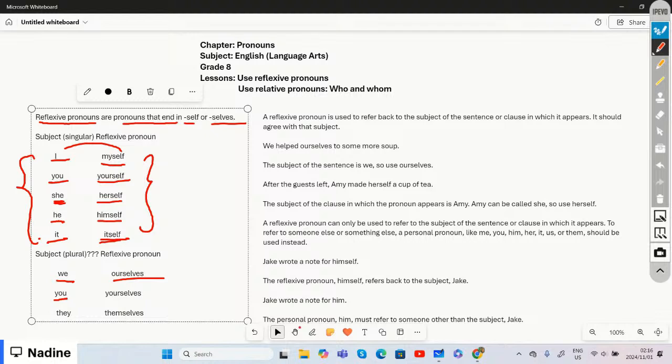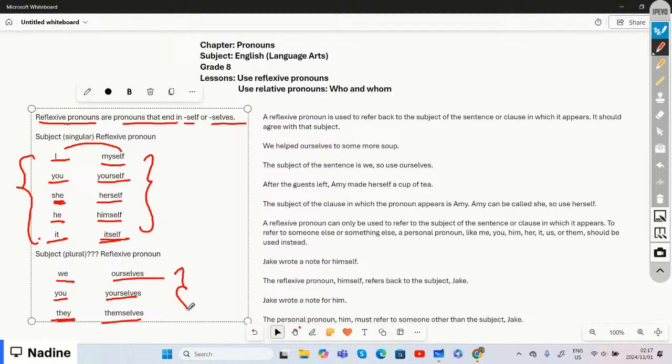You, you can either be, as a singular, referring to one person or thing, or it can be referring to more than one person. Because yourself refers back to you, right? And then they did it themselves, referring back to they.